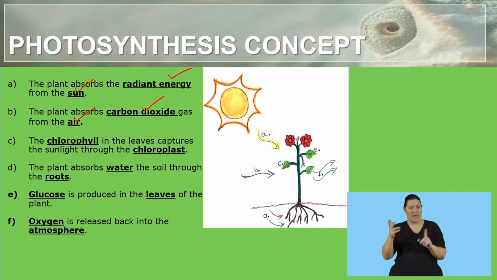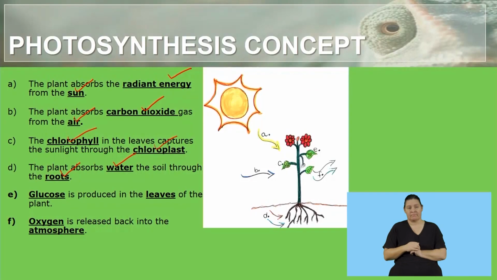The next one is the chlorophyll in the leaves captures the sunlight through the chloroplast. The next one is the plants absorb water from the soil through the roots. So the water is what is being absorbed from the soil through the roots.